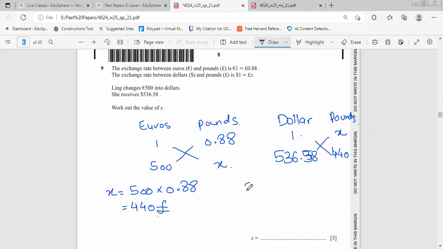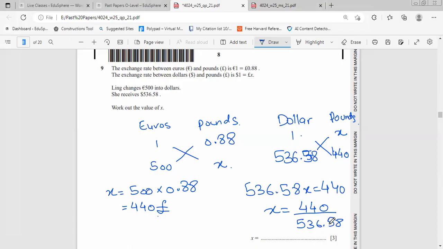So we will write 536.58 x is equal to 440. So we will divide this 440 by this value, 536.58.